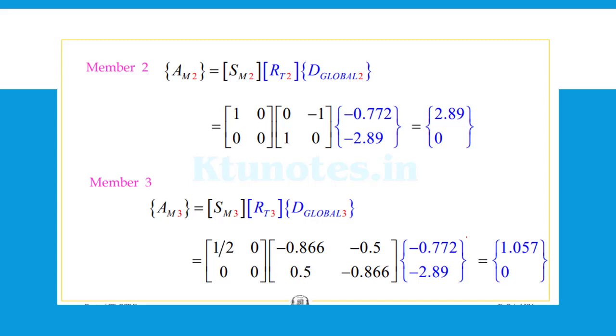For member 2, the values are 2.89 and 0, and for member 3 the values are 1.057 and 0.